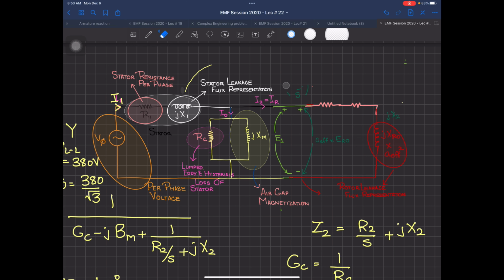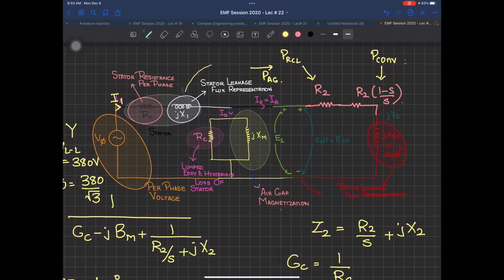So now your R2 by S is being converted into, first of all, R2, and this is R2 (1 minus S) over S. So this resistance is taking the power that is rotor copper losses. This is taking the power which is P converted. So at this point, your air gap power came inside the rotor and was converted into two parts.